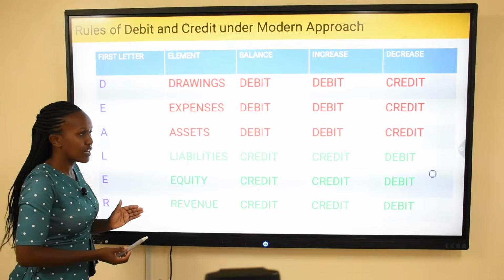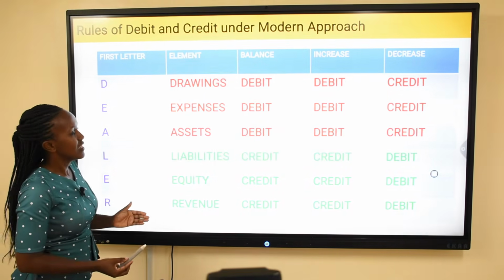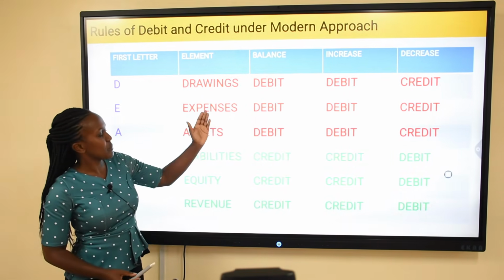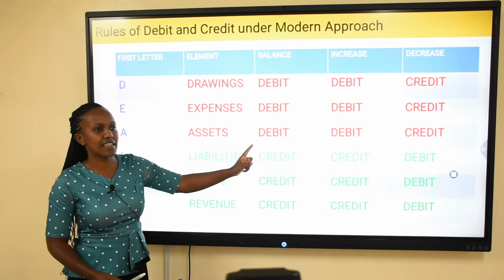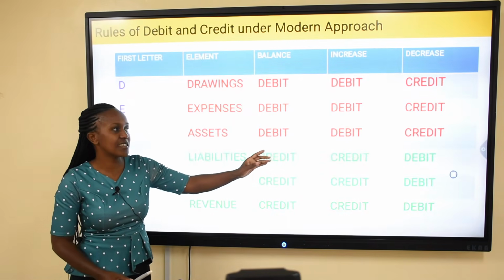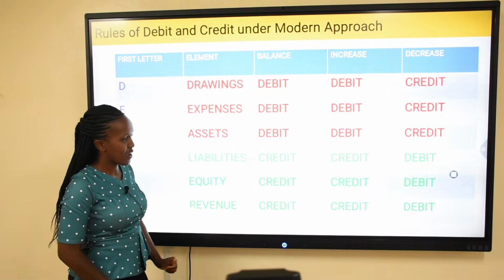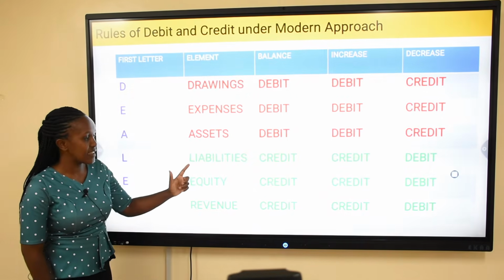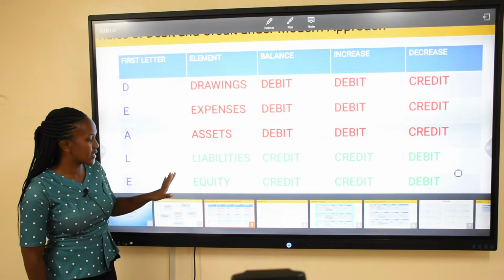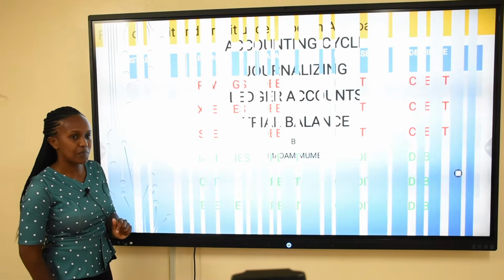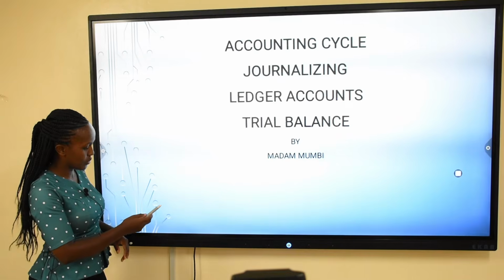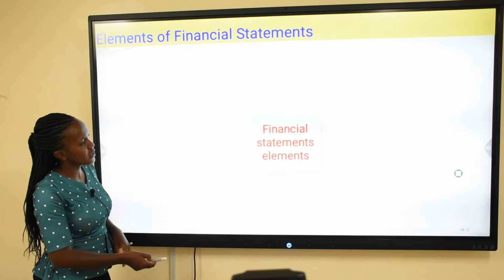It is a modern approach. It is a rule that for drawings, expenses, and assets, the balances are debited and the increase is debited, while a decrease is credited. Looking at the other three, that is liabilities, equity, and revenue, the opposite is true.